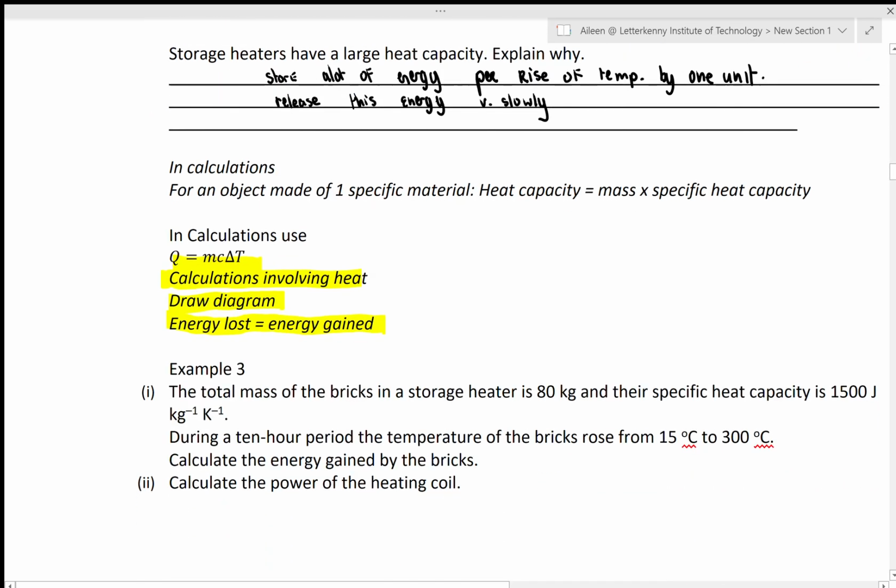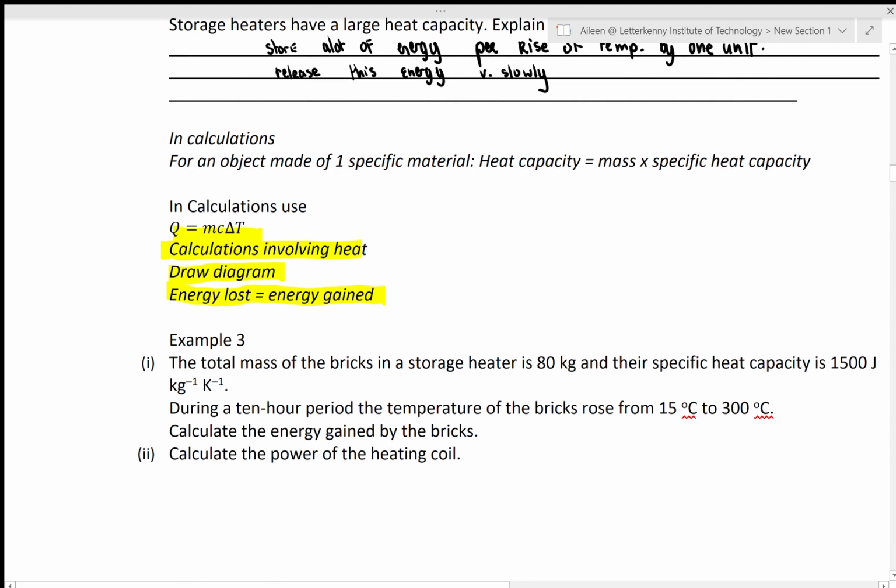Okay, let's look at calculations on specific heat capacity. In calculations, we use Q is equal to mc delta T. So I'm taking my equation for specific heat capacity, C is equal to Q over m delta T, and I rearrange that so that Q is equal to mc delta T. So when we're dealing with equations with heat, we always want our energy to be the subject.